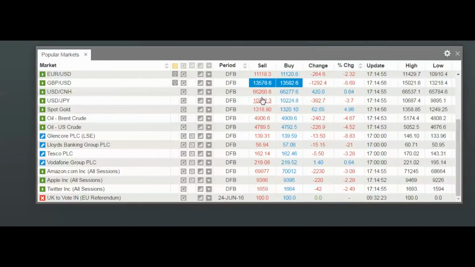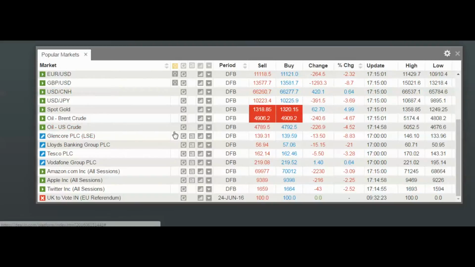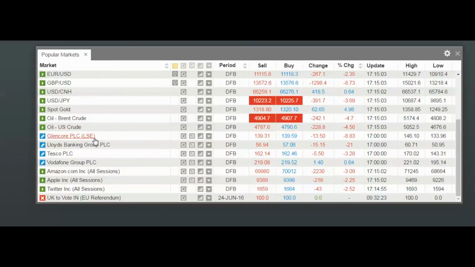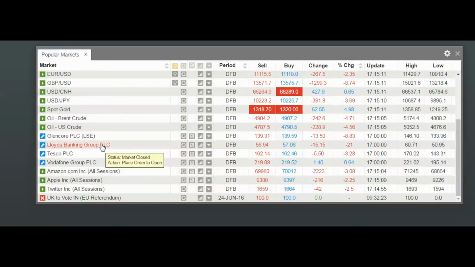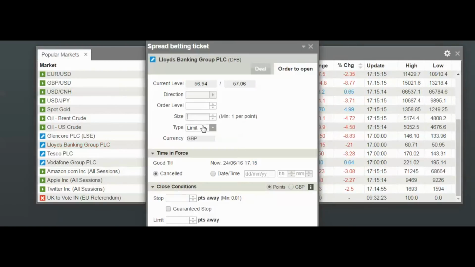Now, conversely, at the other end of the spectrum, you've got Lloyds, which has plummeted today as a consequence of the vote by the UK to leave the European Union. So if we just have a look at companies like Lloyds Bank or Tesco, a totally different kettle of fish altogether.